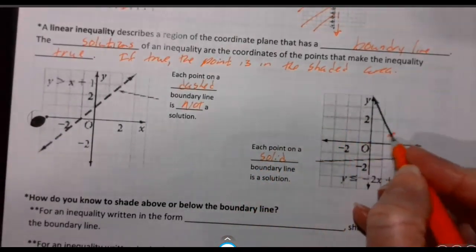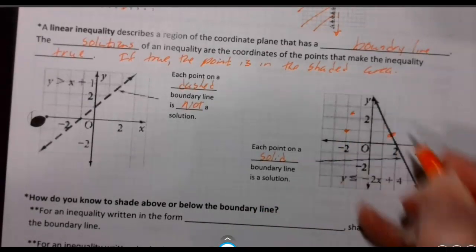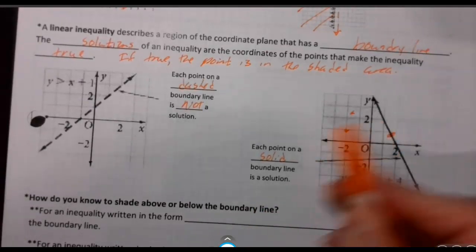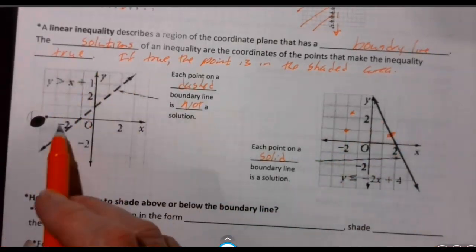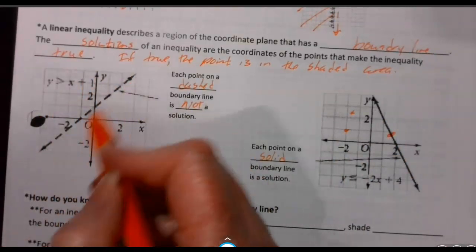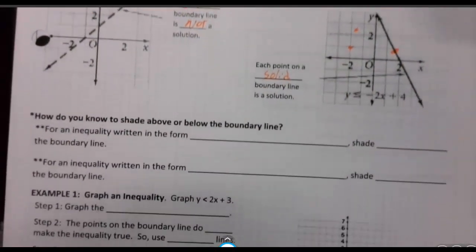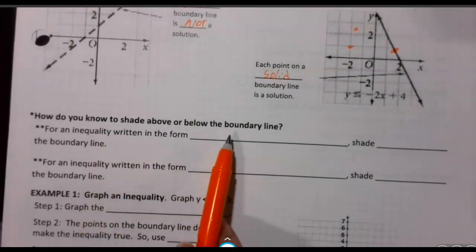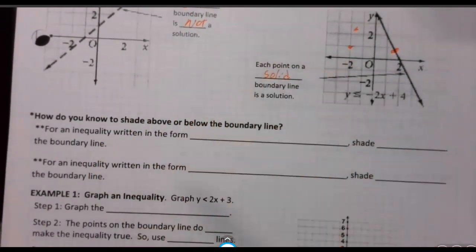So this right here is a solution. This is a solution. This is a solution. Anything in the shaded part is a solution. The only difference here is that it's not a solution if it's on this line. How do you know where to shade above and below? I'm going to give you the mathematical rule, and then I'm going to show you what I use.